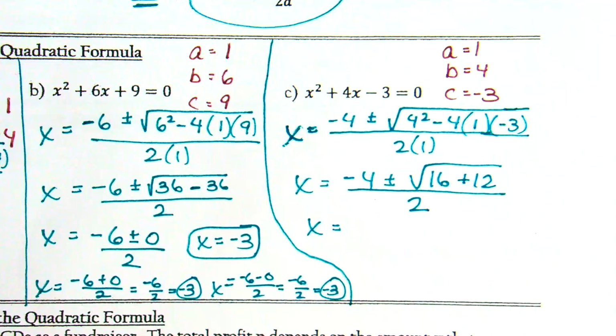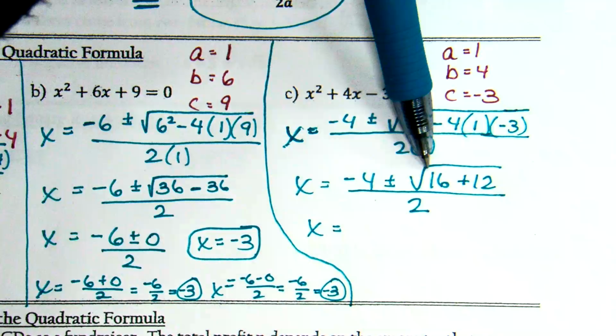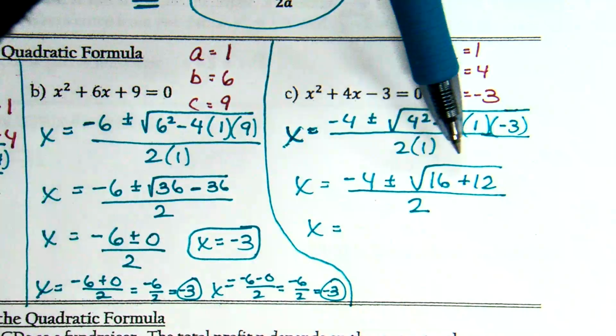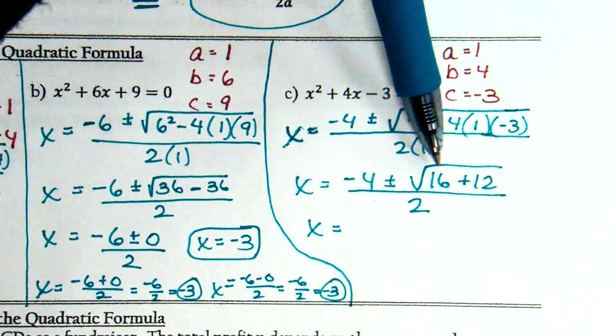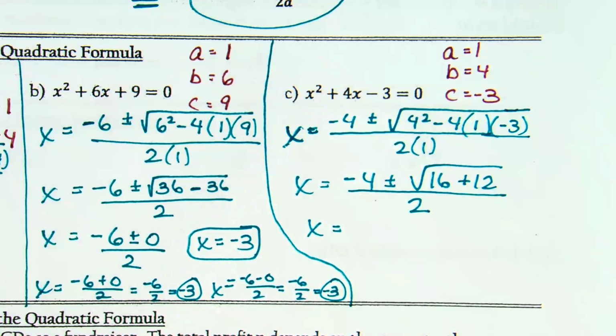Now, let me ask you a question. Under my radical, can I go ahead and take the square root of 16? It's a trick question. I'm throwing it out there on purpose. You take the square root of 16, you take the square root of 12. Okay. Well, here's the deal. You can't take the square root until you've added underneath. I can't take the square root of part of a sum.